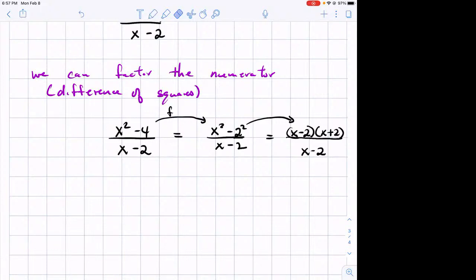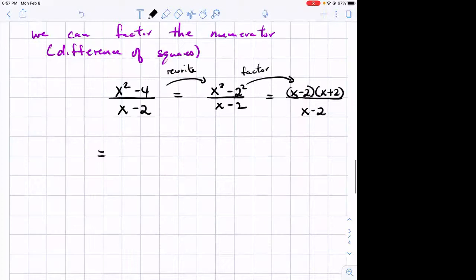So maybe here we should say rewrite, and here is where we factor. This is now equivalent to x minus 2 times x plus 2, divided by x minus 2.